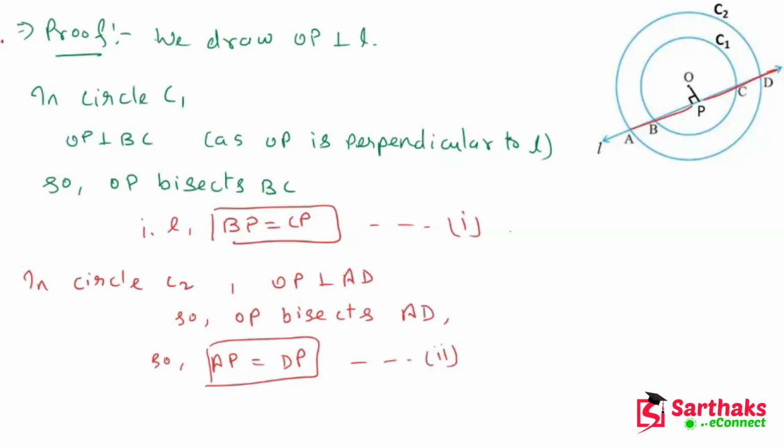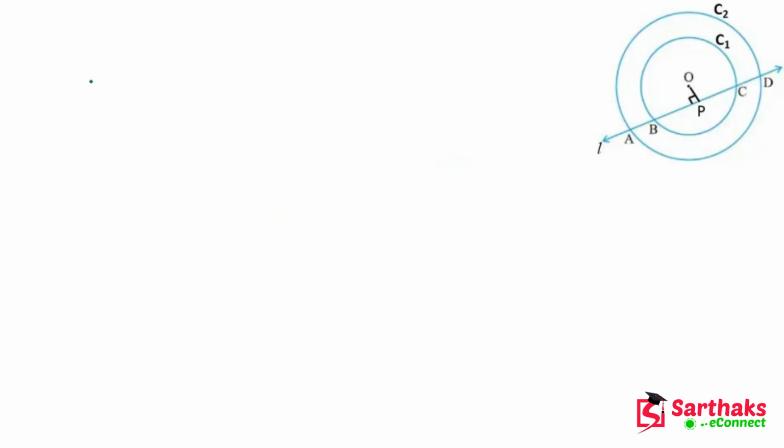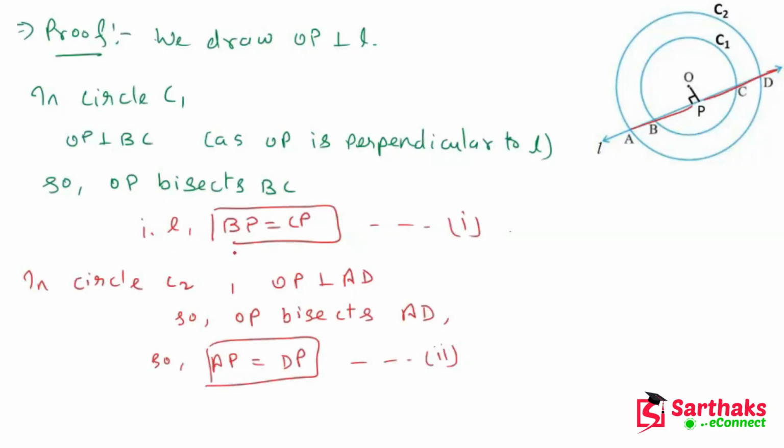By the theorem, now from 1 and 2, we subtract equation 1 from equation 2. So this will become AP minus BP is equal to DP minus CP.